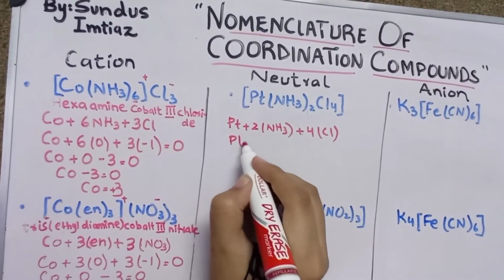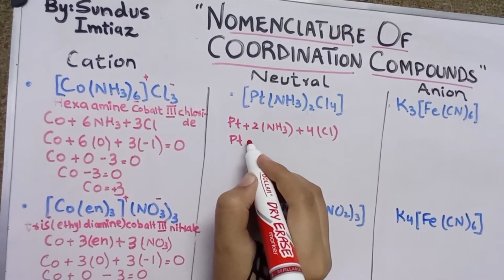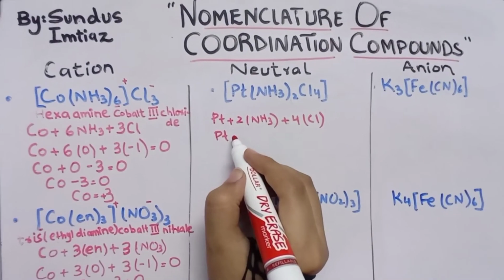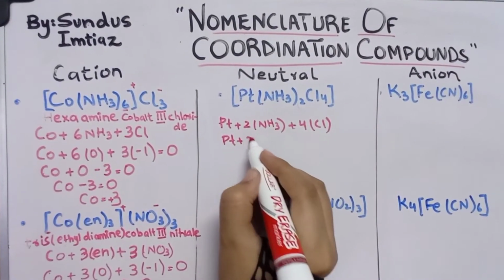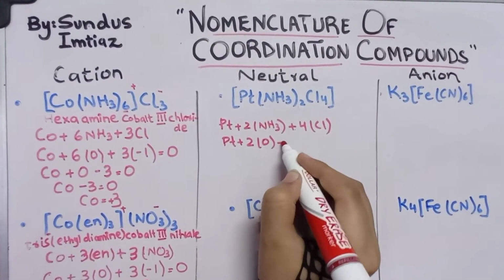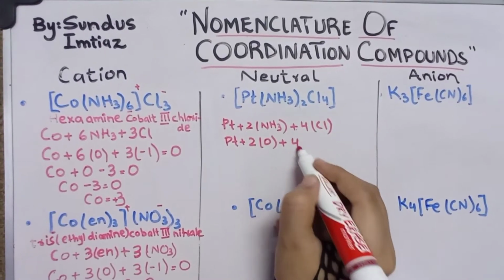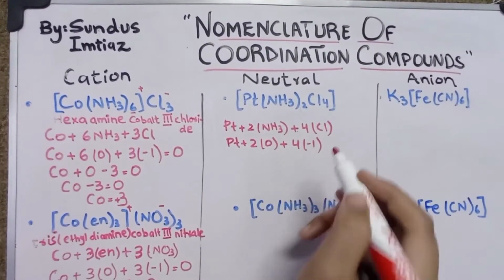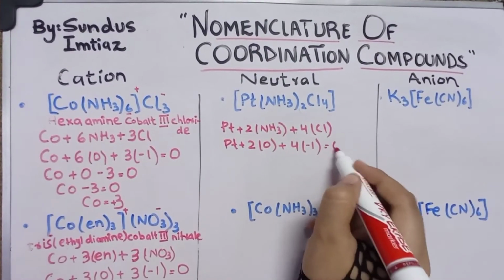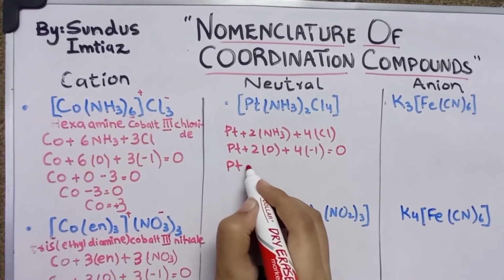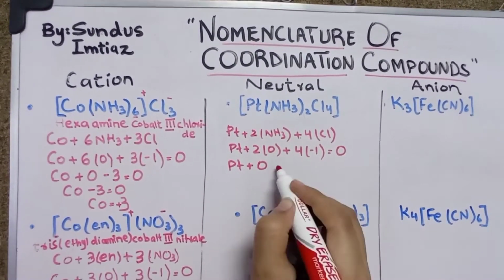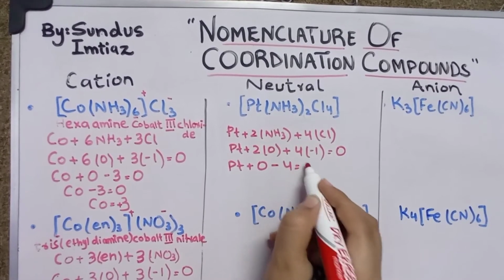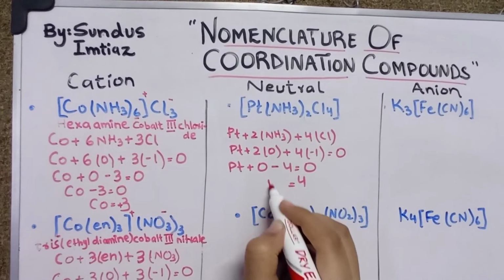Platinum will be as it is, plus 2 times 0, plus 4 times negative 1, chloride has negative 1 charge, is equals to 0. Then 0, minus 4 is equals to 0, then 4 would be the charge on platinum.